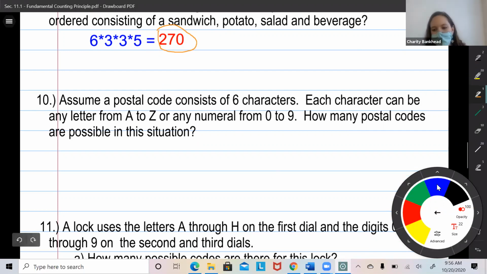So 36 choices and there aren't any restrictions on it. So there's 6 characters. So you'd have 36 times 36 times 36. You just do that 6 times. So in other words, you could say it's 36 to the power of 6. So I think that's going to be a pretty large number.